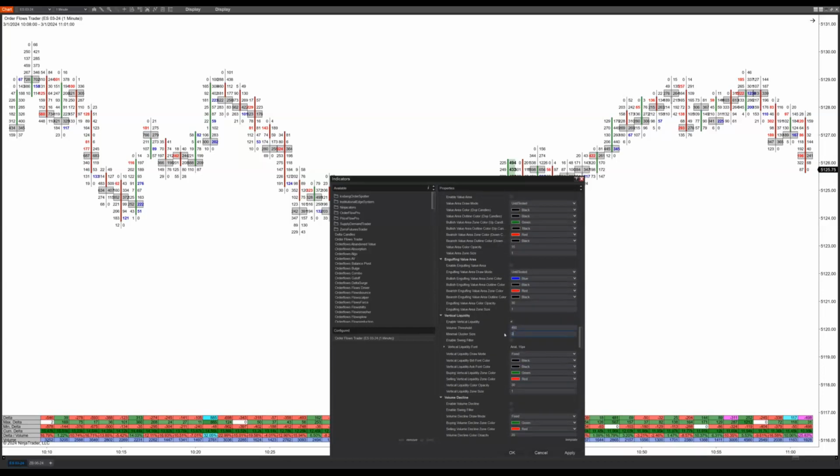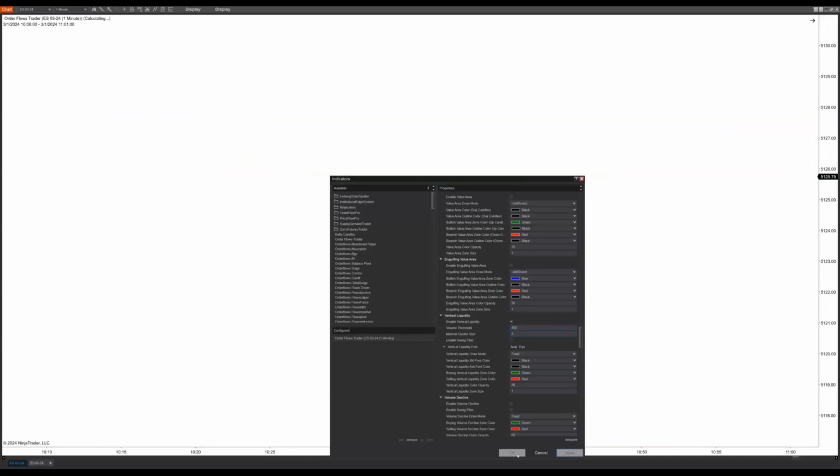Change it to 2. So it's only got to be 2 subsequent price levels, 400 or more. But let's keep it at 400. Okay, and hit apply. Obviously, there should be more because we lowered the threshold by 1 price level down to 2.